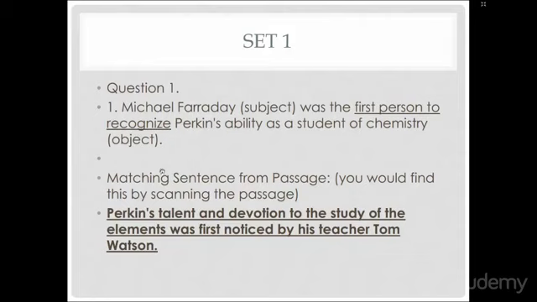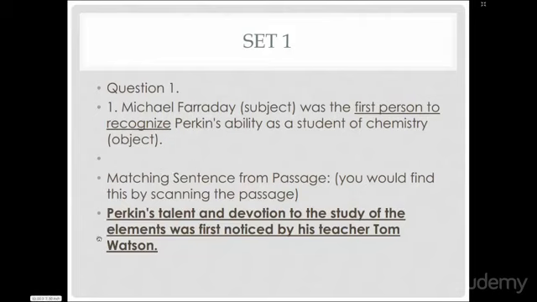The question says Michael Faraday was the first person to recognize Perkins' ability as a student of chemistry. Sometimes when you look at a question, you can almost tell what they're going to be focusing on. The real focus here is whether he was the first person to recognize his ability.